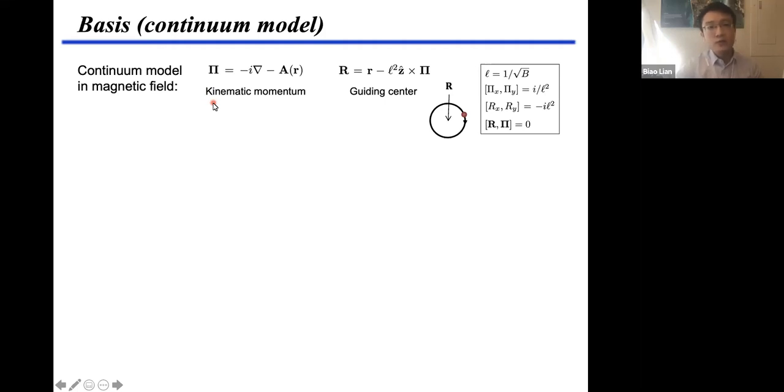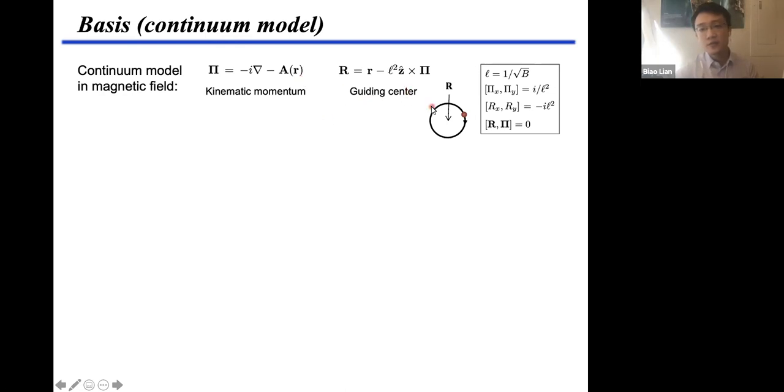For continuum models, the two operators one could use to define the basis are the kinematic momentum, which is the canonical momentum minus the gauge potential A, and the guiding center.